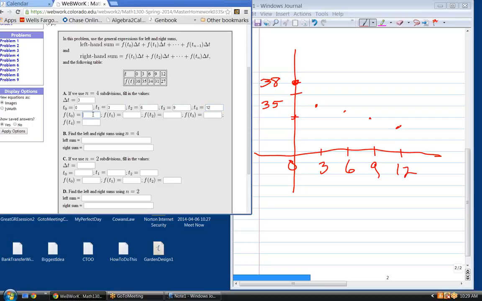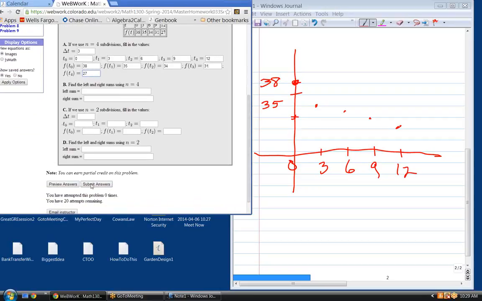And these should be 38, 35, 34, 31, and 27. Okay, shall we submit that just to make sure? Yeah.